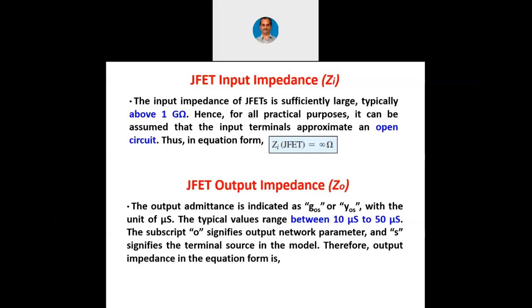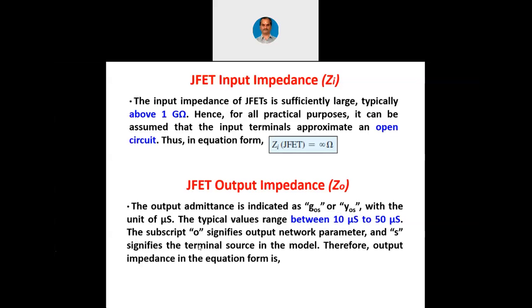Okay, let me come back. The output admittance is indicated as GOS. Instead of impedance, we can always call it admittance, which is simply 1 over Z. We can give it as GOS, where O stands for output, or YOS, with the unit of microsiemens. The typical values range between 10 microsiemens to 50 microsiemens.